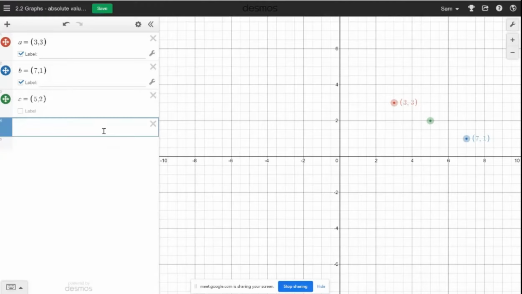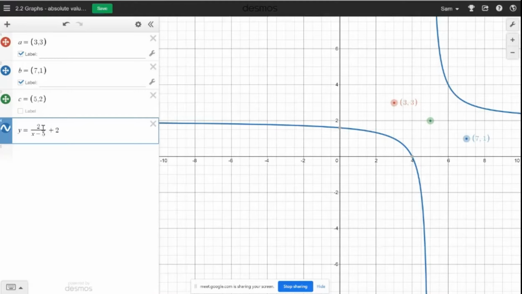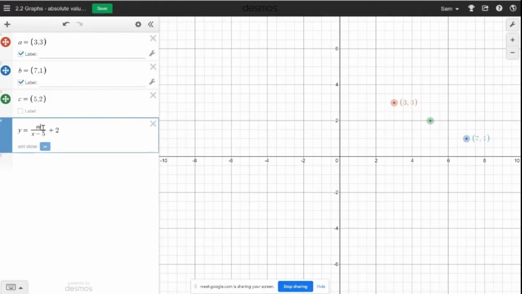Which means that the hyperbola which our absolute value function is going to start on is y = m/(x minus 5) plus 2, for some gradient m. For example, that one, but that's not fitting to our point, so that's not right. We need to find the value of m that works.